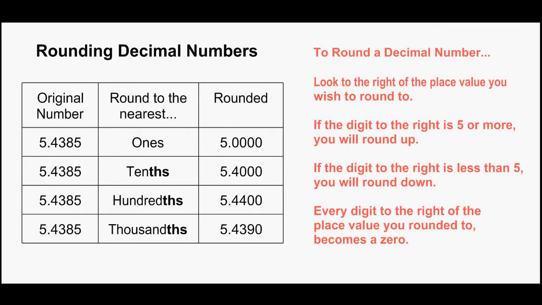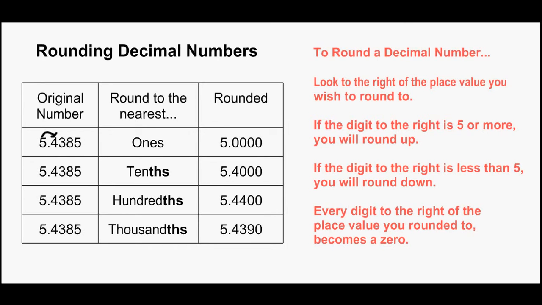Let's practice rounding decimal numbers together. Our original number is 5 and 4,385/10,000ths. We will round this number to the ones place. Look to the right of the ones place. I see a 4.